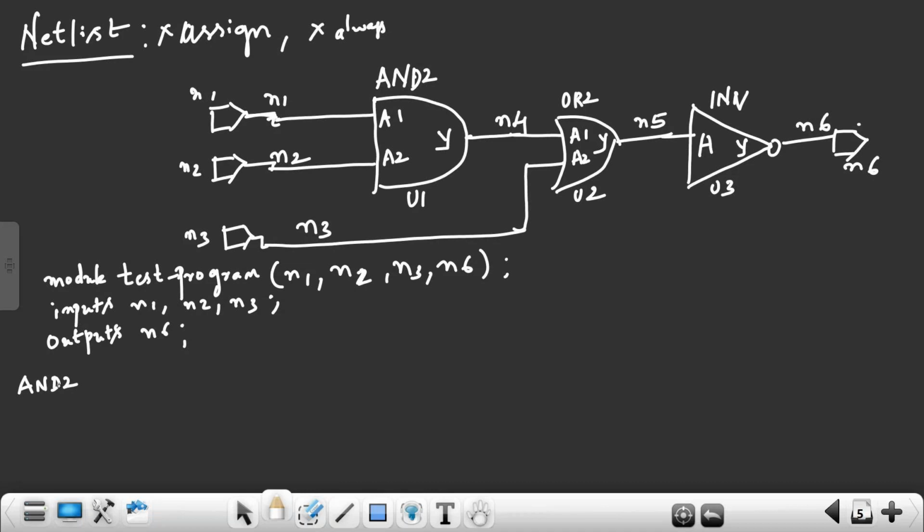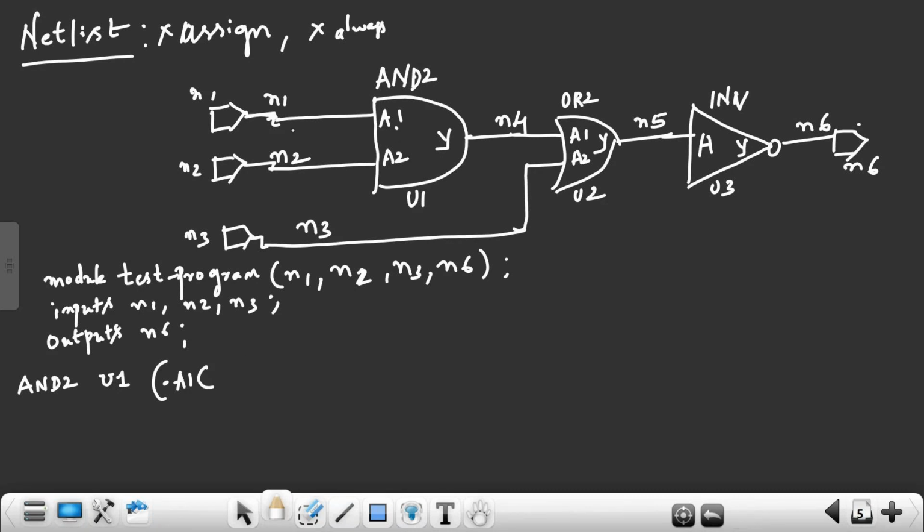So next I have to mention the instance name. The instance name is U1. After the instance name, you have port mapping. Port mapping means .A1, the A1 pin of your AND gate. Open bracket. Next you mention where this A1 is connecting to.